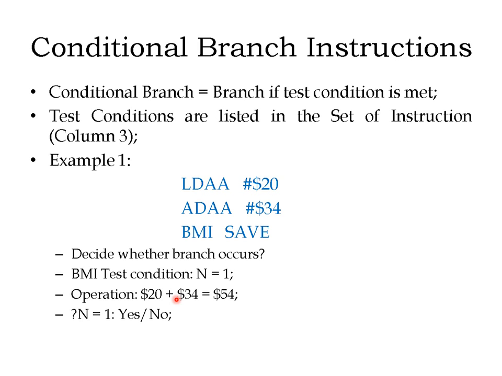In column 3 of the BMI instruction, we have the test condition written, and you will see the test condition there is N equals 1. So pretty much we will find the test condition from column 3 of the branch instructions. Check column 3 of BMI.